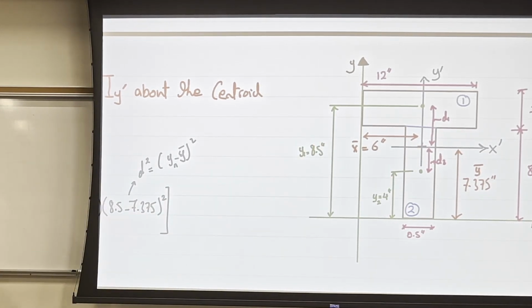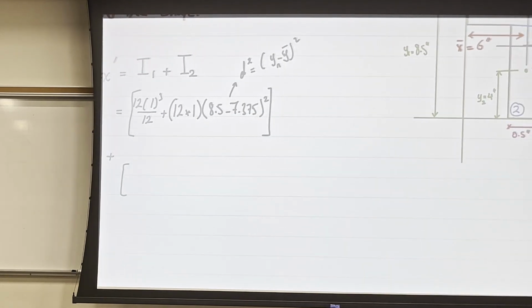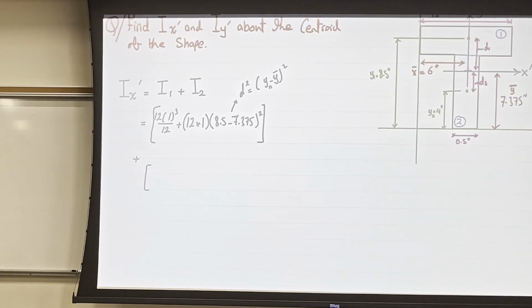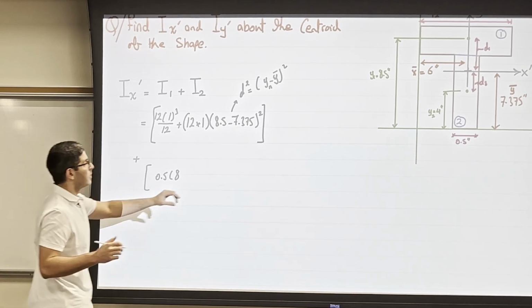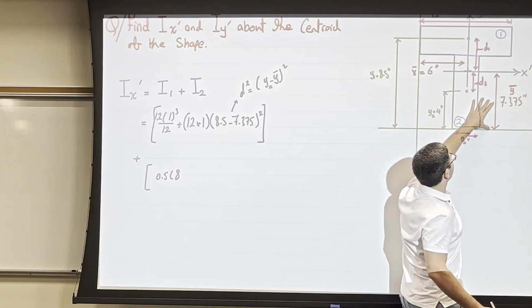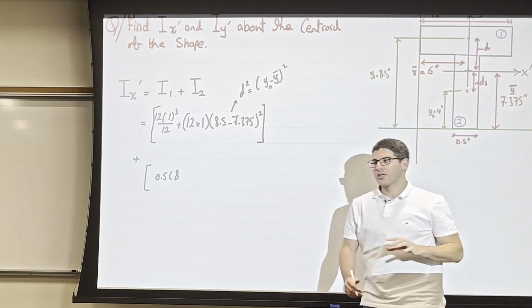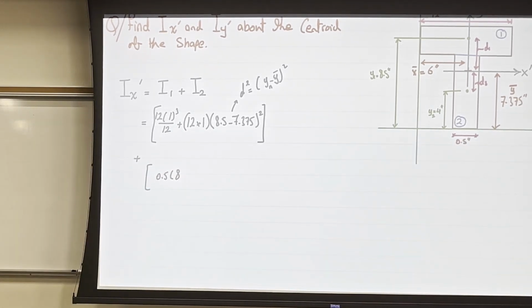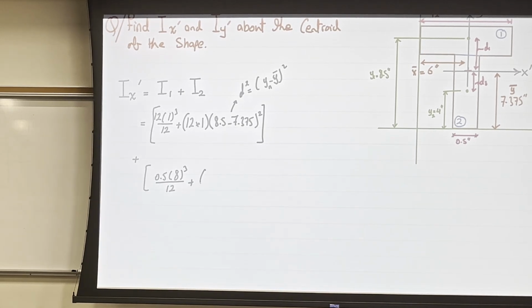So let me start first with the first term that's always there, which is parallel perpendicular cube over 12, which is 0.5 times the height of member 2. I don't want any of you to take y bar, because that's not the height of member 2. Member 2, the height is 8. So I will say 0.5 times 8 cube over 12 plus the area, which is 0.5 times 8 times d squared.